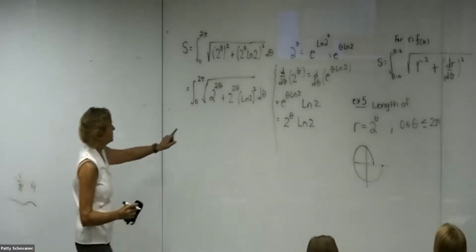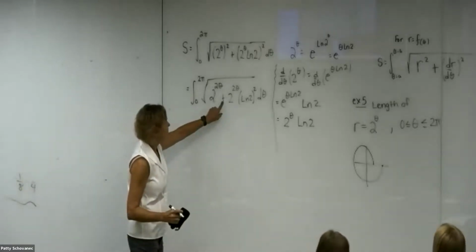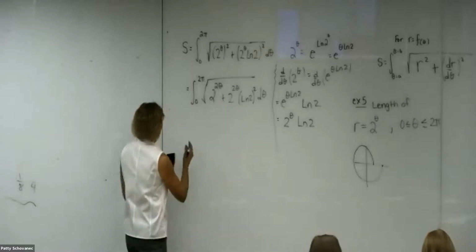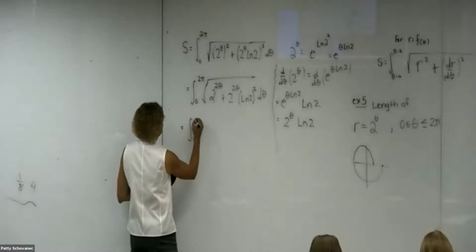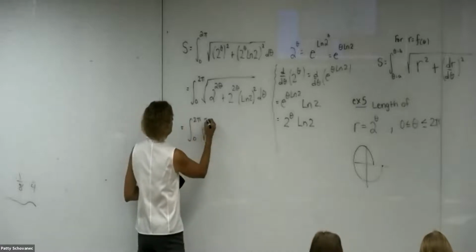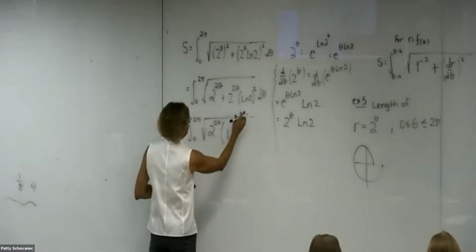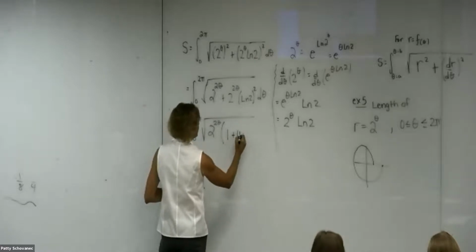So I can't integrate it as a sum. So what I'm going to try to do is simplify this a little bit. I see a common factor of 2 to the 2 theta. Under the radical sign, I'm going to factor that out. And that's going to leave me a 1 in this slot, a natural log of 2 all squared in the second slot.